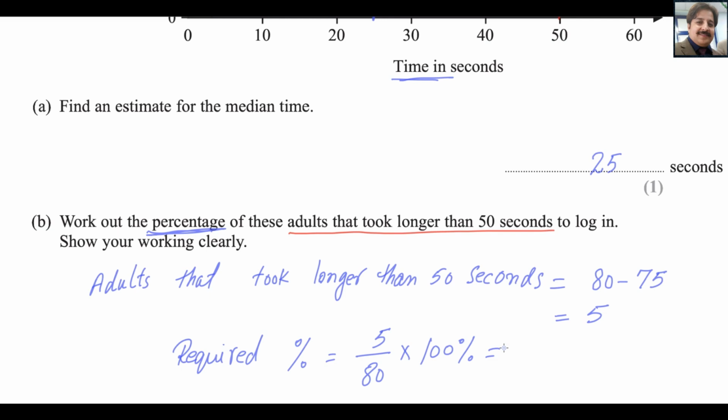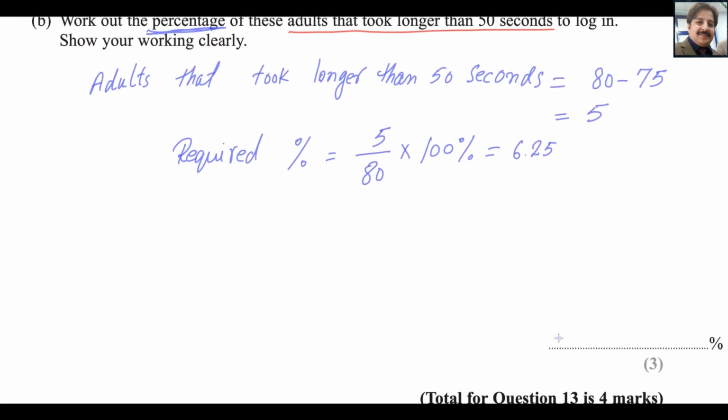Therefore our answer will be 5 divided by 80 multiplied by 100. So it will be 6.25. So the answer will be 6.25 percent. In this space you have to write the answer again. 6.25 is the answer for this question.